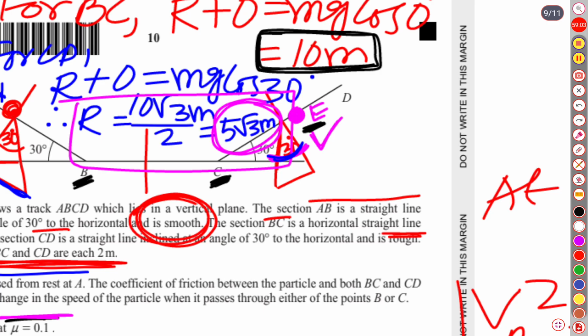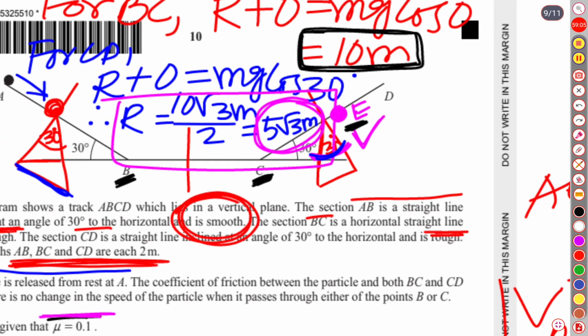For CD, the normal reaction force is still the same, that is 5, because there is no other extra force acting on this particle. As it was moving up and down, the same normal reaction force is active on it.